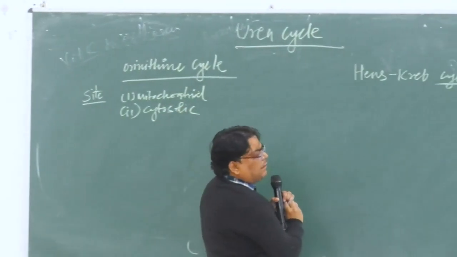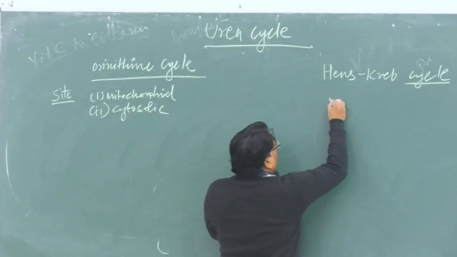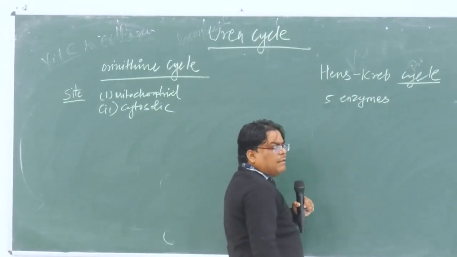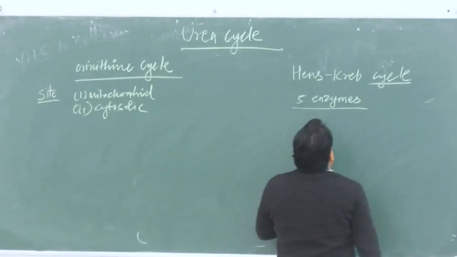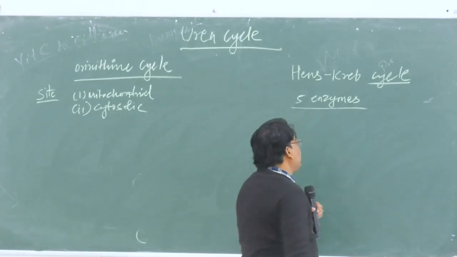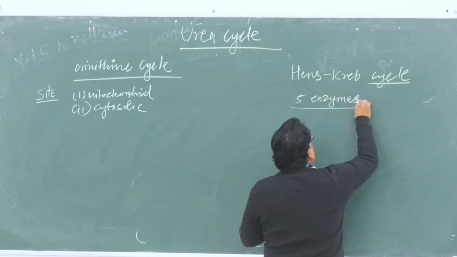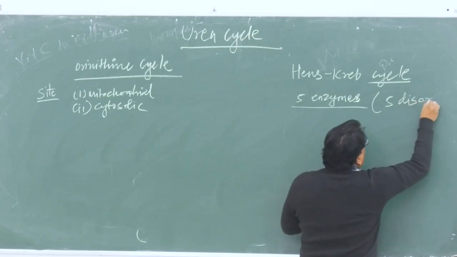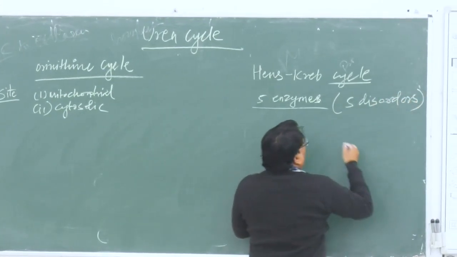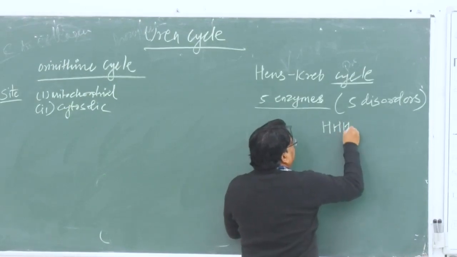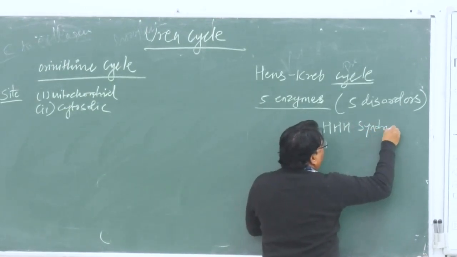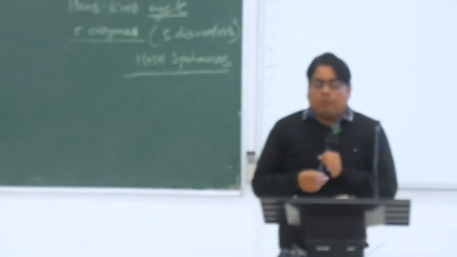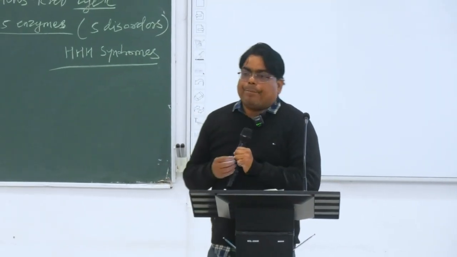How many enzymes are used here? 5 enzymes are used here. Second, there are 5 disorders related with the urea cycle, and one major, HH syndrome.